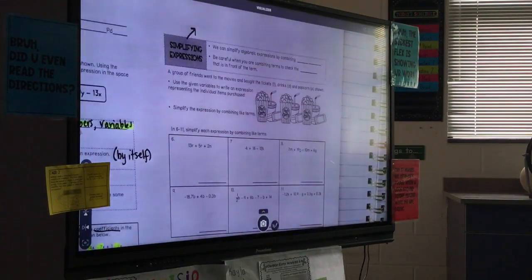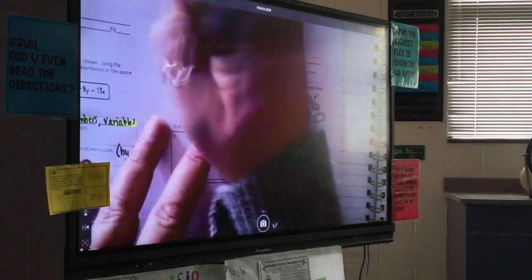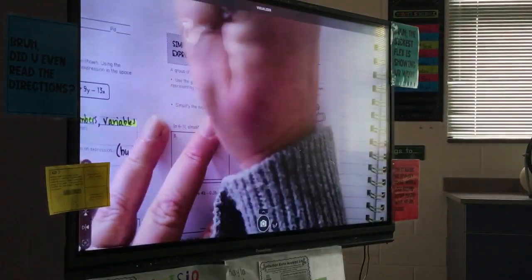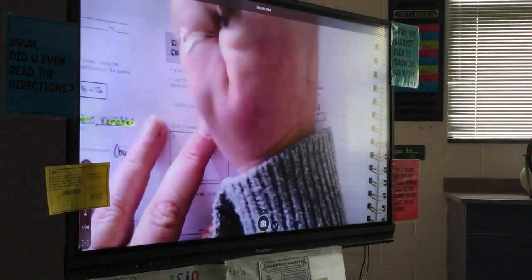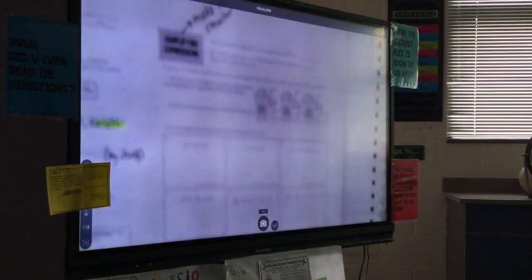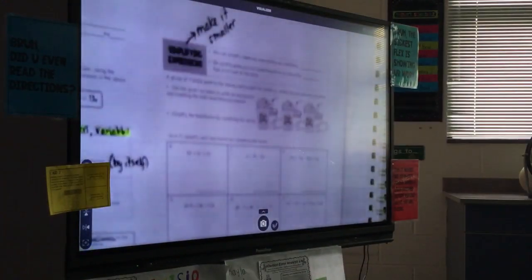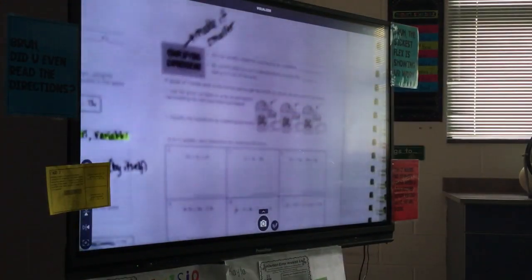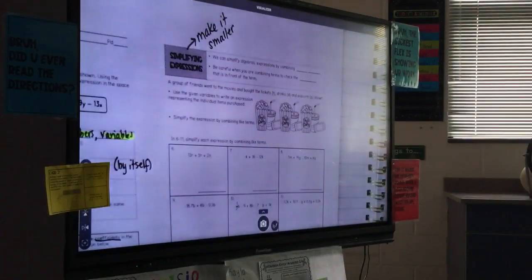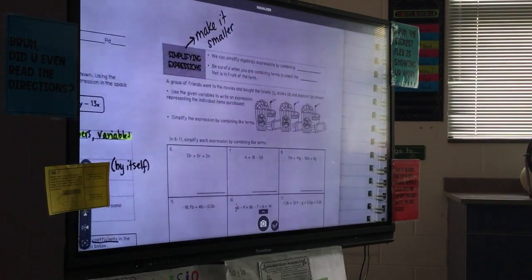Ariana? Yes. You make things smaller. Okay, so that's essentially what we want to do with our expressions. We want to make them as small as possible by combining like terms. And when we combine those like terms, we're going to be adding them or subtracting them.